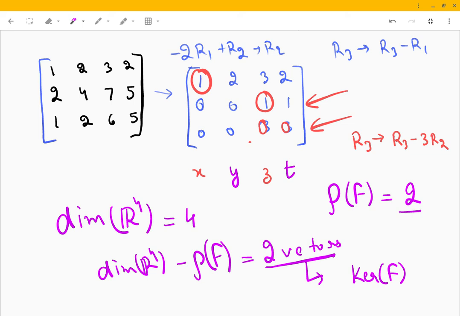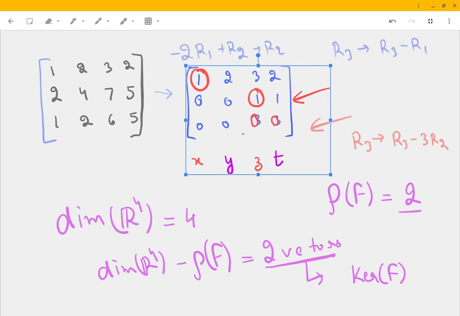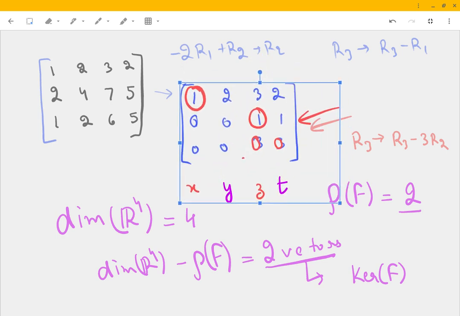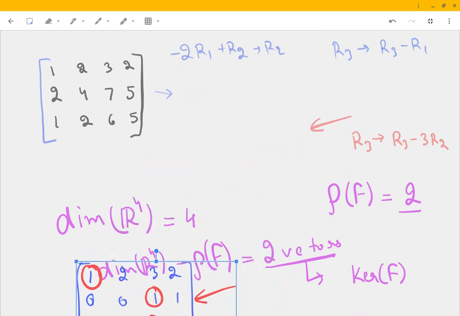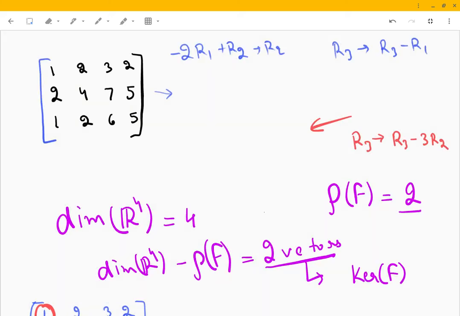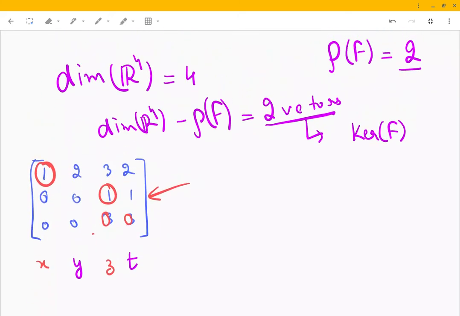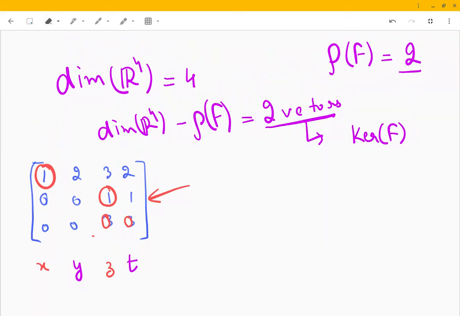And we have done this previously also. Like we have done this for the solution space.